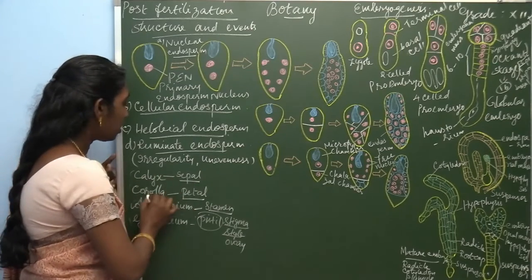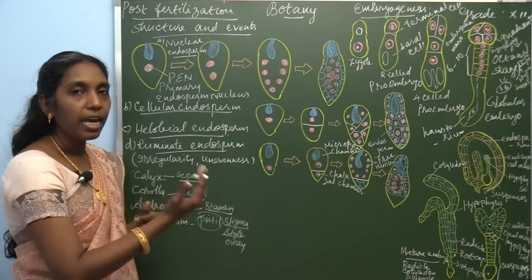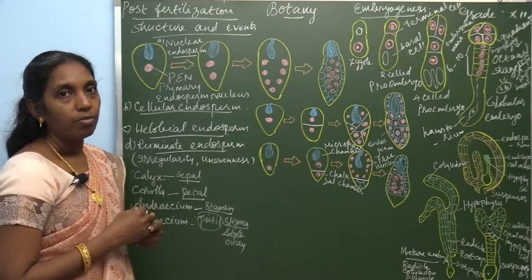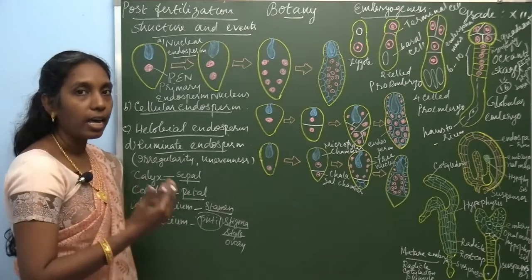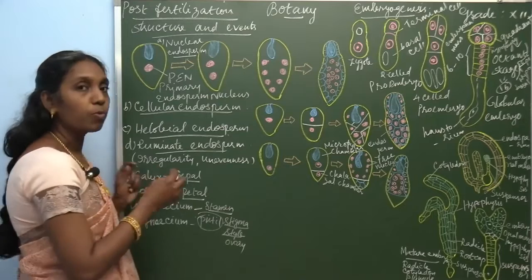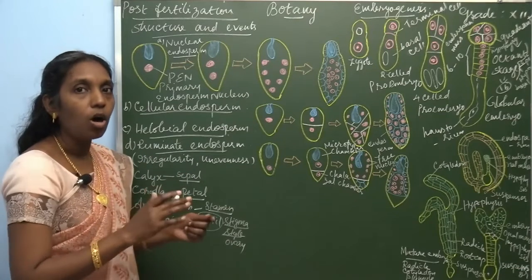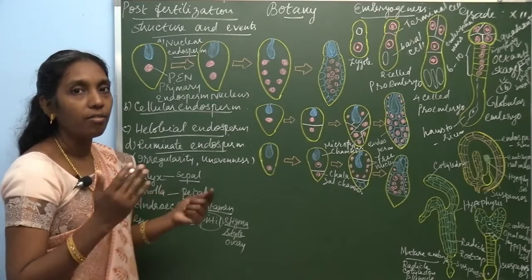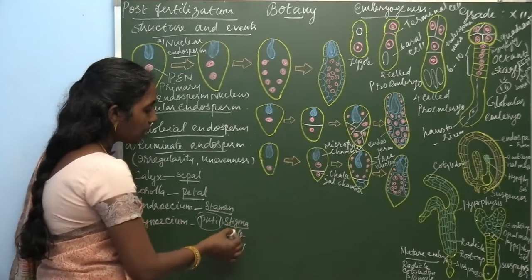The remaining whorls, calyx and corolla, help the flower attract pollinating agents. The calyx also protects the flower before fertilization. After fertilization, all these parts wither and fall: the sepal, petal, stamen, stigma and style.